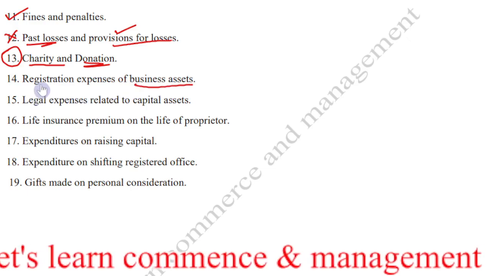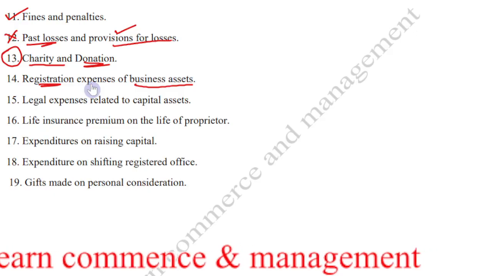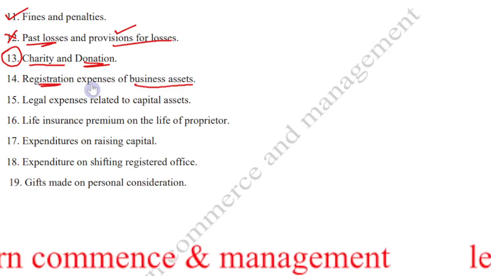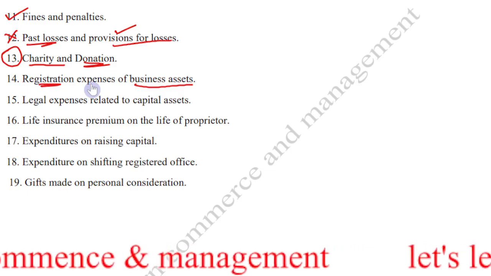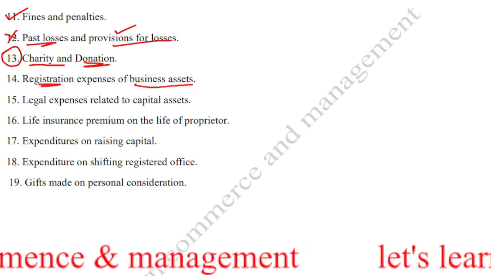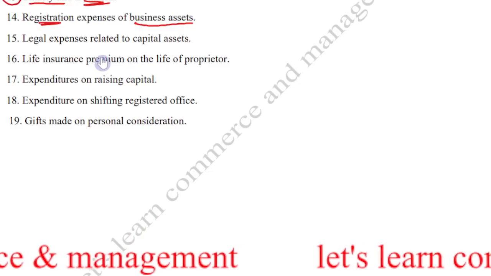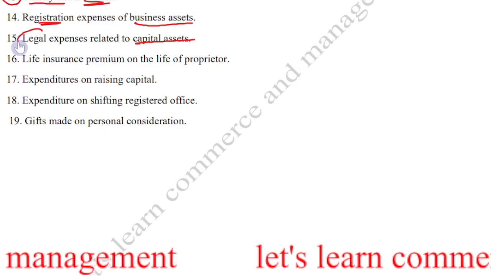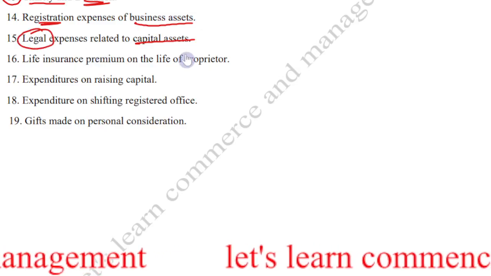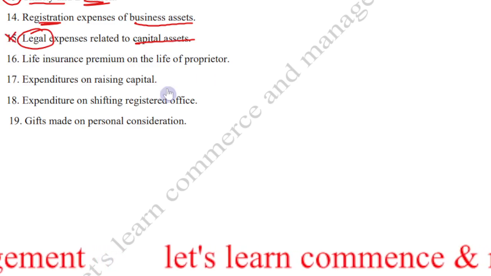If there are any expenses towards the registration of your own business asset, then it is also not considered as an admissible expense and no deduction is allowed for the same. Then legal expenses related to capital asset. Any legal expenses towards the capital asset is not allowed as deduction.